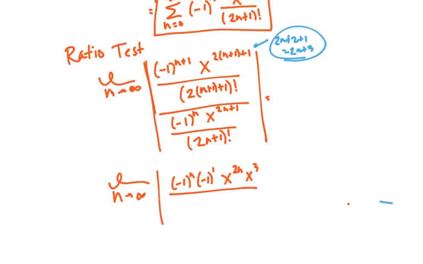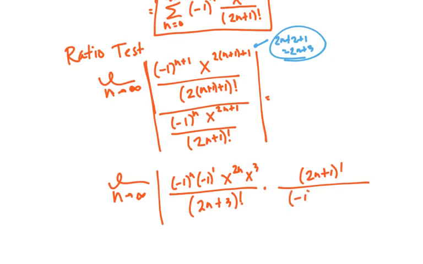So then we have x to the third here. And in the denominator, I guess we could have worked it out there, we have 2n plus 3 factorial times, so we multiply now. And in the numerator, we have the 2n plus 1 factorial.